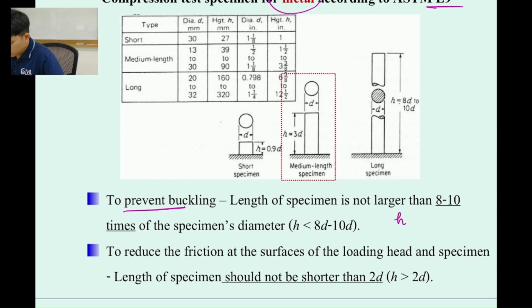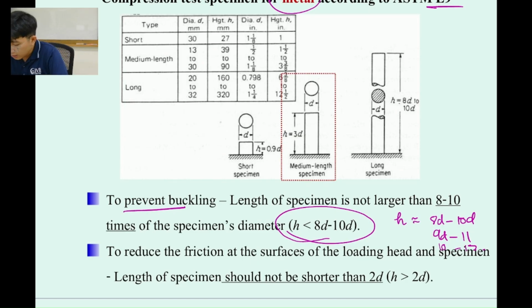So I may give you choices: H approximately 8D to 10D, or maybe 9D to 11D or 10 to 12D, whatsoever. I'm going to put it in the examination, so you need to answer me the correct one, which means the sample is supposed to be not higher than 8 to 10D, where D is the diameter of the sample.